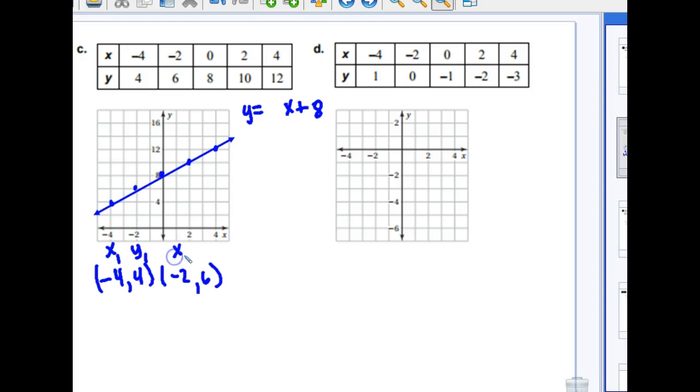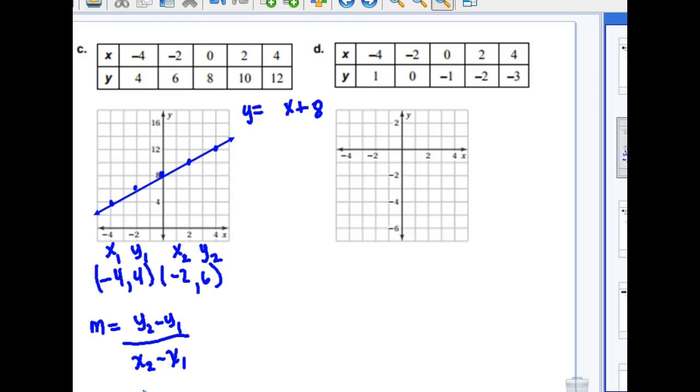This is my x sub 2, y sub 2. X and y, x and y. My first ordered pair gets the 1. My second ordered pair gets a sub 2. Here's my formula. M is equal to y2 always minus y1, over x2 always minus x1.